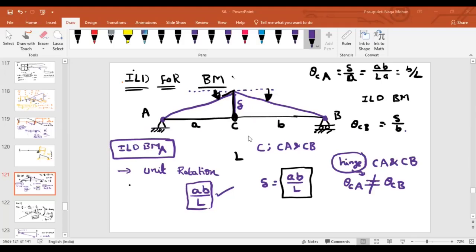First of all, guys, at what point am I asking you to draw the bending moment? At A, sir. What is the support there? Hinge. If it is a hinge support, what is the moment? 0, sir. Whatever the load may be, wherever it may be, what moment?